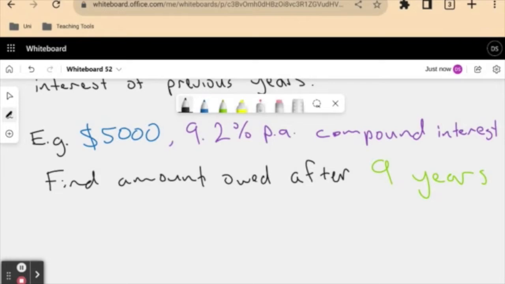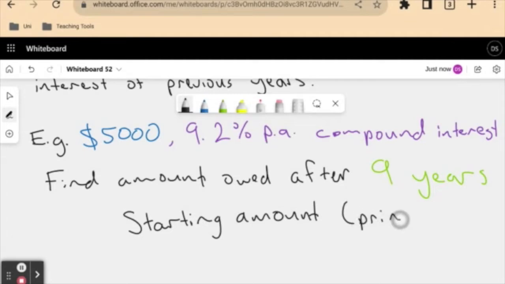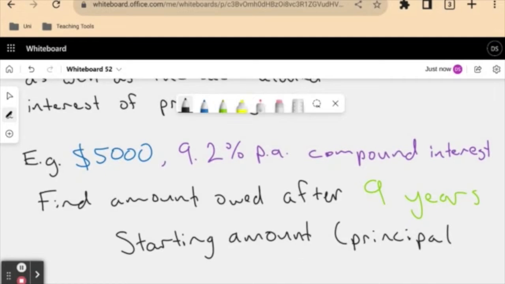So this person's starting amount or principal. And you'll see that these same kind of letters we use from simple interest pop up again.